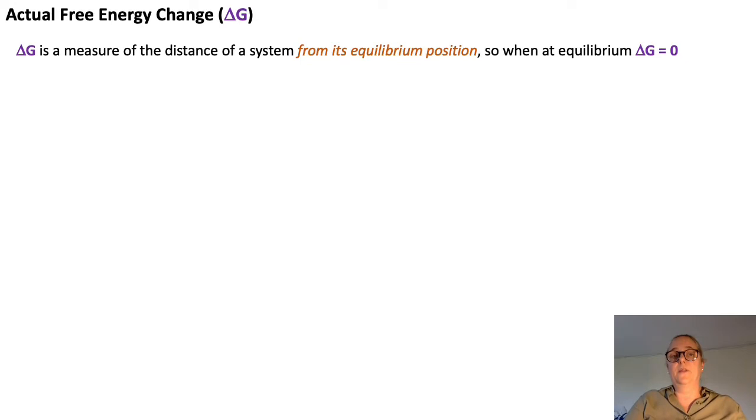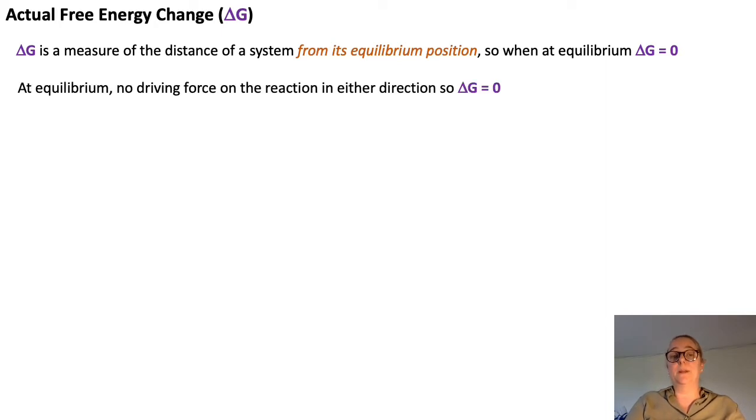So the free energy change is a measure of the distance of a system from its equilibrium position. So when at equilibrium, the free energy is equal to 0. At equilibrium, there's no driving force on the reaction in either direction. So delta G equals 0.